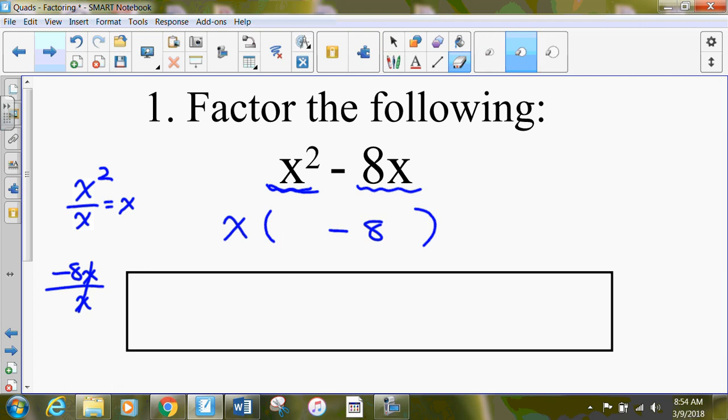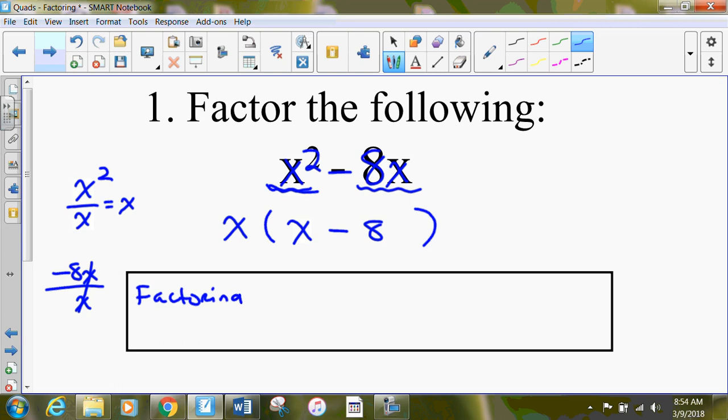It's more intuitive, because look at what we have. If we were to stop and distribute, we'd say x times x is x squared. X times negative 8 is negative 8x. So I want you to write in that box that we're going to say factoring the GCF.